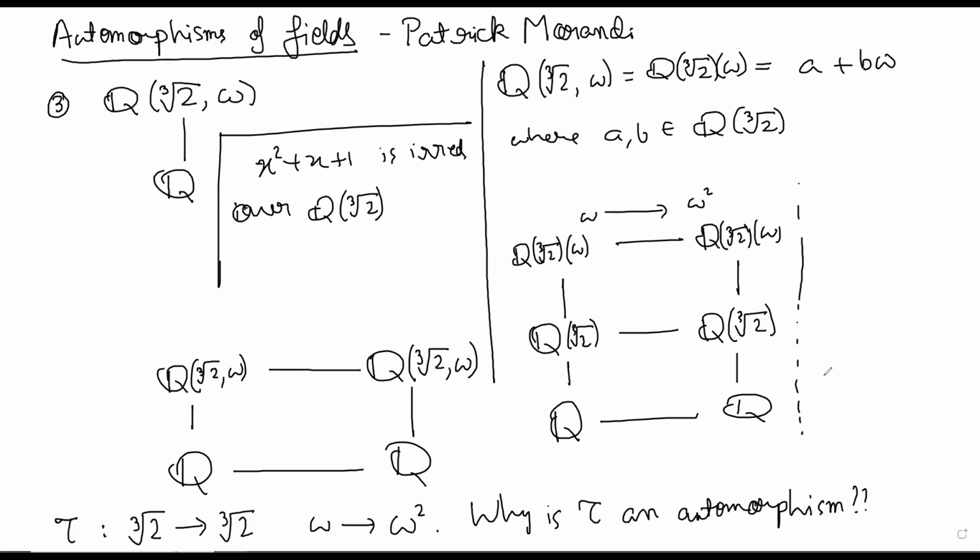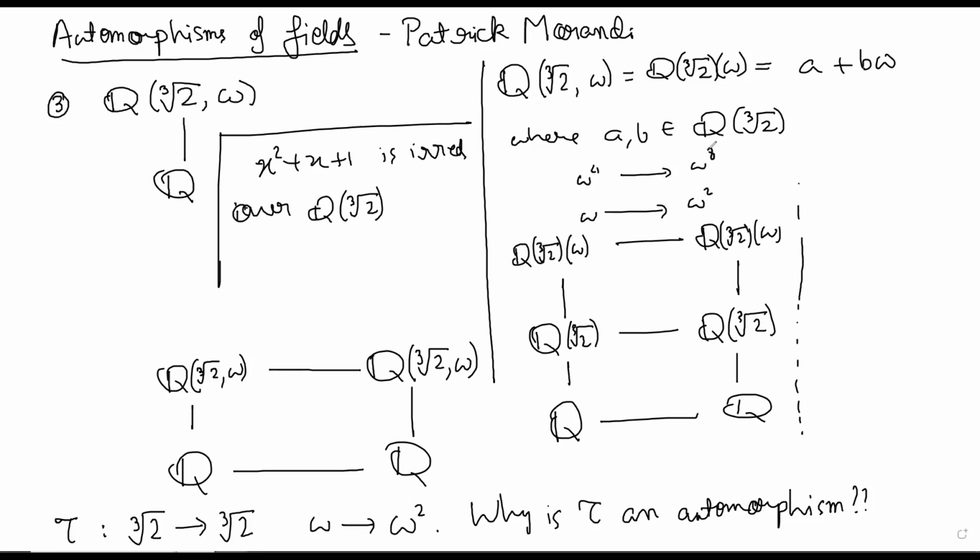So what I'm saying is, try to look at it concretely, omega goes to omega square. Why does this extend to an automorphism? Because where will you send omega to the power 4?